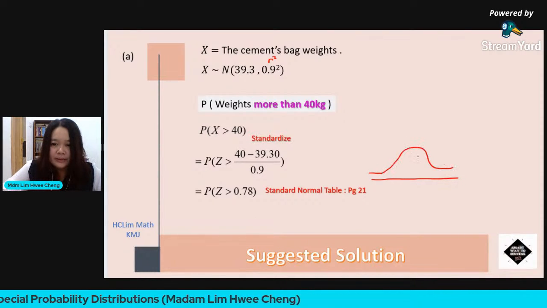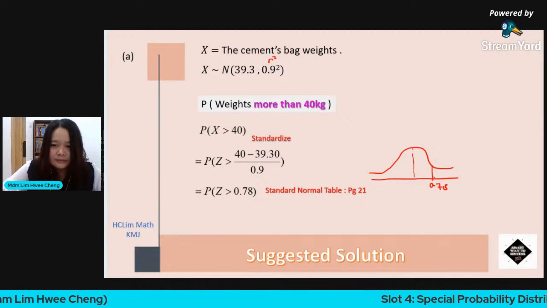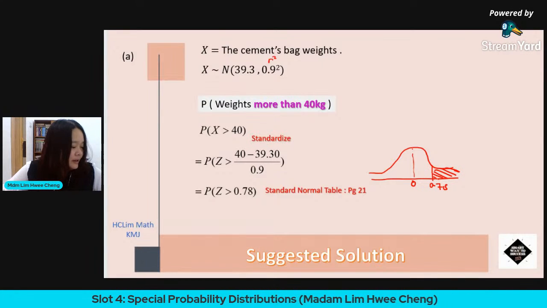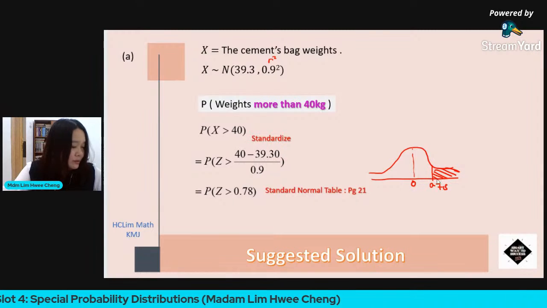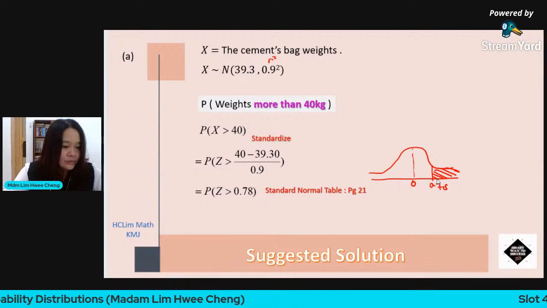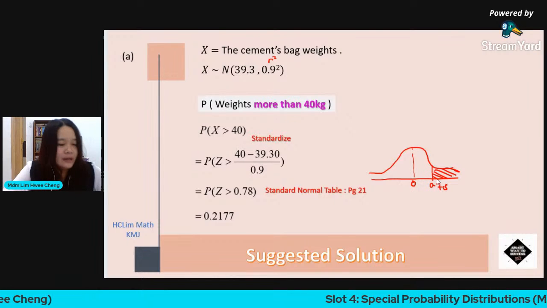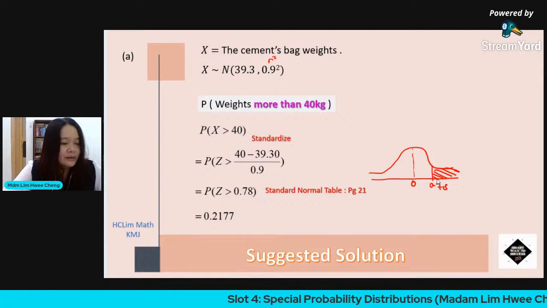If you look at your bell curve here, it's on the positive side, so we can read directly from page 21. You will get 0.2177. Yes, correct, Muhammad Ruzani. Okay, you again correct.